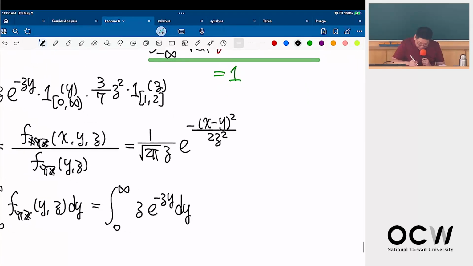So here I still have 3 divided by 7 times z squared, and z is from 1 to 2.